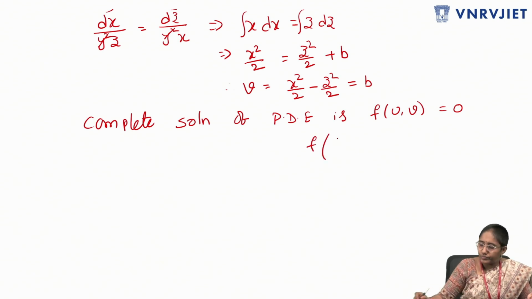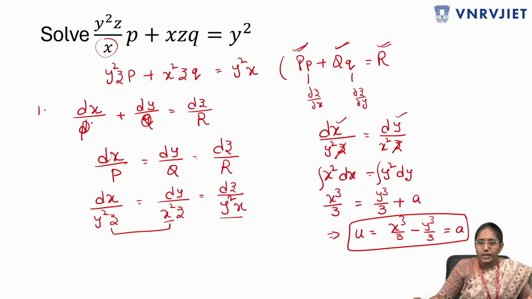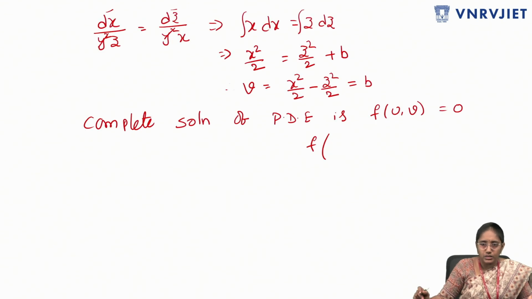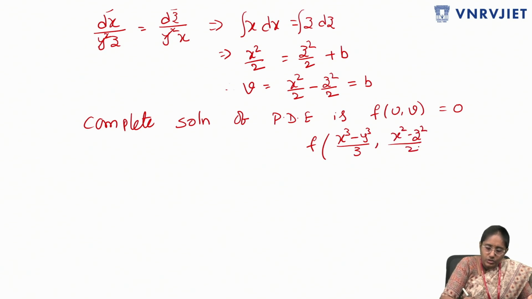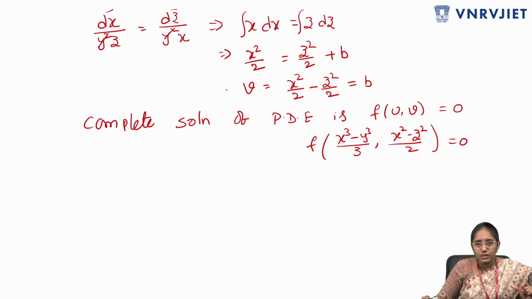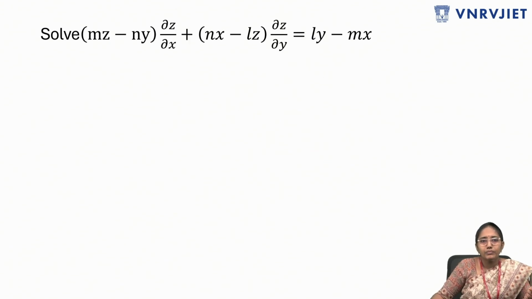That is f of (x³ − y³)/3, or v = (x² − z²)/2, equal to 0. Okay, so this is the example for the fraction method. Here, the two solutions are obtained by considering any two fractions from the subsidiary equations. Now we will look into another example.